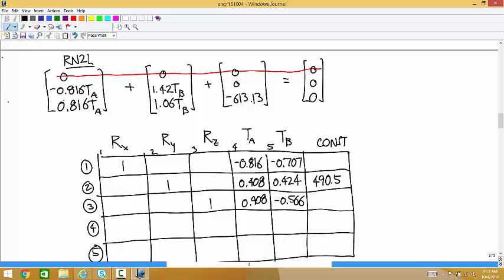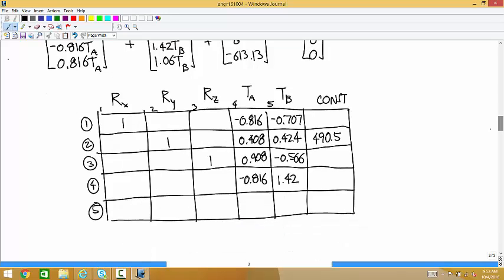The useful equation number 4 now is this y equation for the moments. So TAs we have negative 0.816. TBs we have 1.42. No constant. And then the fifth equation, TAs we have positive 0.816. TBs we have 1.06.